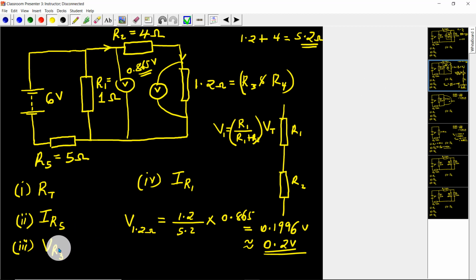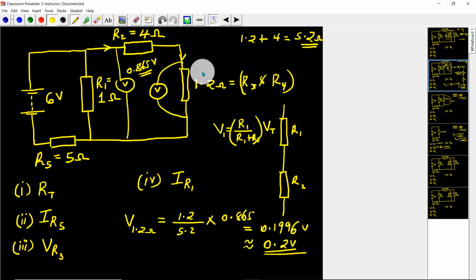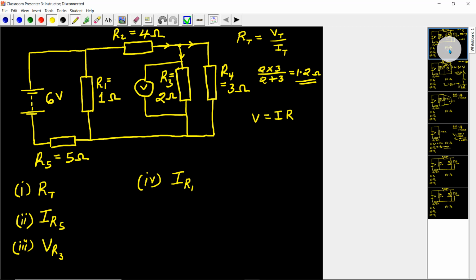What have I been asked? I wanted VR3. Let's see where VR3 is. VR3 is here. And we had reduced that circuit, combining R3 and R4 to give me this one here. And we have already agreed that the voltage across the 1.2 ohm resistor is equal to the voltage across the individual resistors which formed that parallel connection.